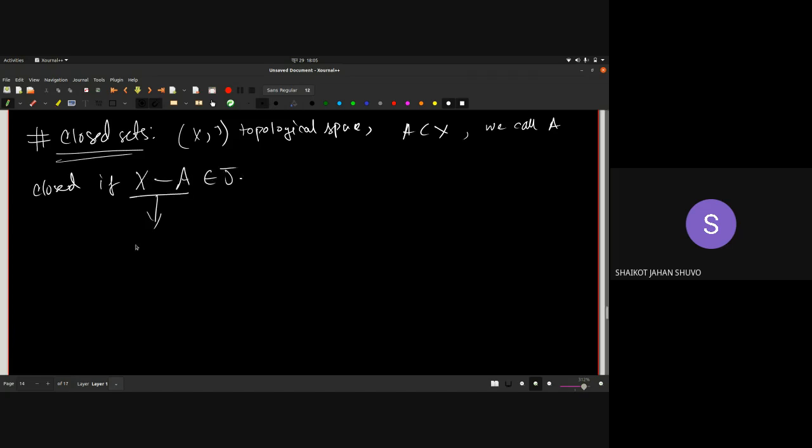This is called the complement of A, and it belongs to tau. That means the complement of A is open.